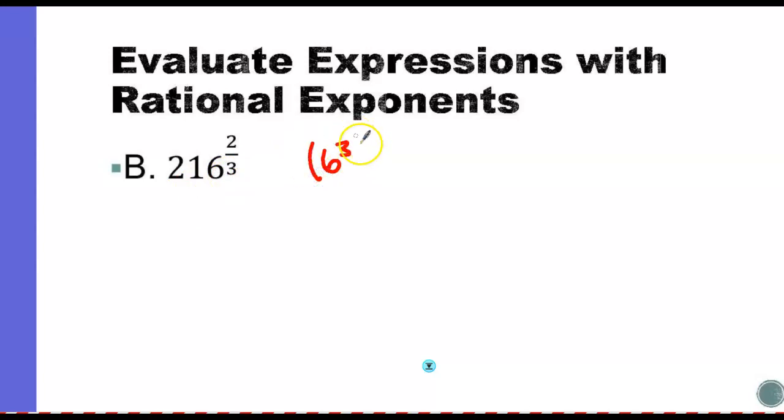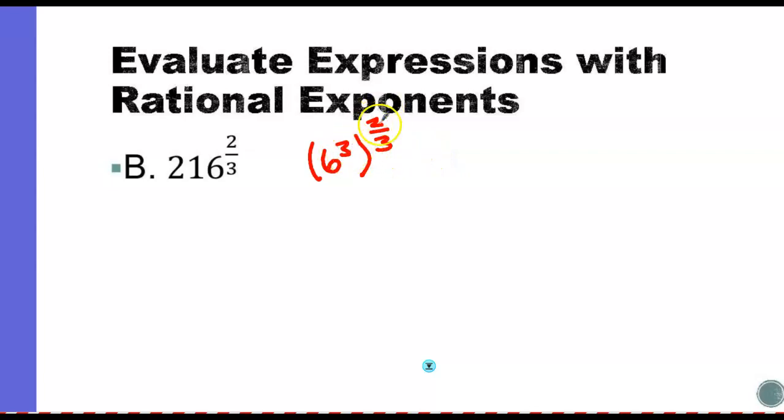Because 6 times 6 times 6 is 216. And so this 6 to the 3rd just represents the 216, but then 2 over 3 would be for the exponent. Okay.